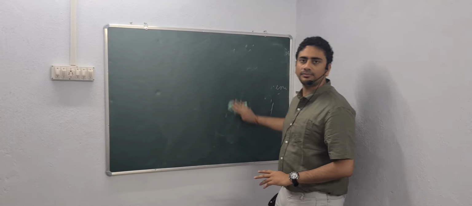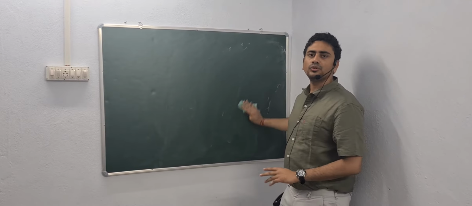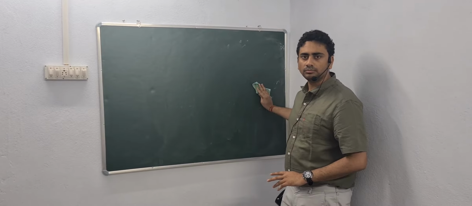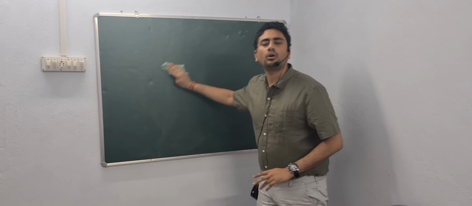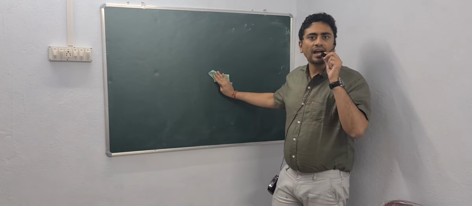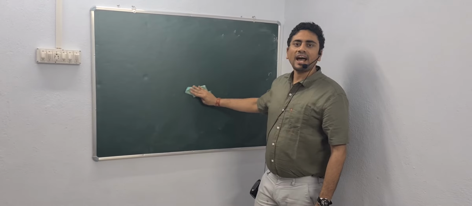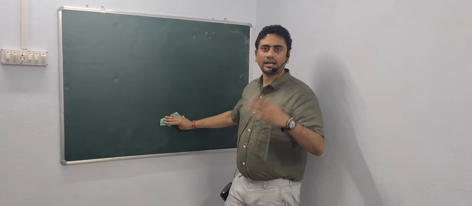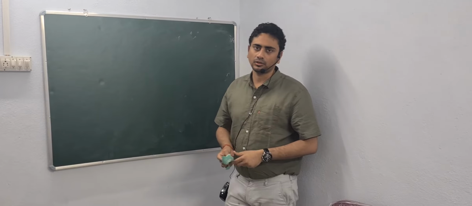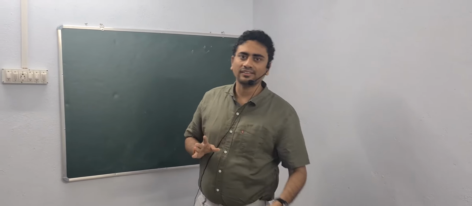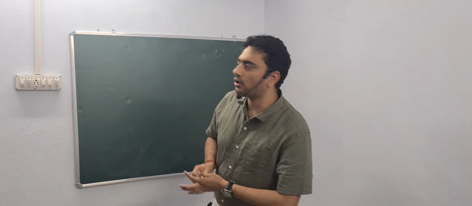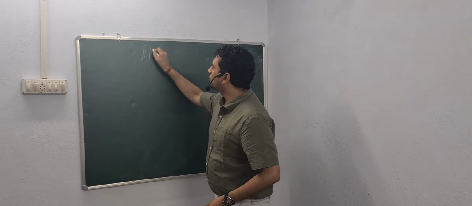Non-classical phenylketonuria happens due to a defect in the enzyme called dihydrobiopterin reductase, or a defect in the synthesis of tetrahydrobiopterin. So today we look into classical phenylketonuria, which we call PKU1.